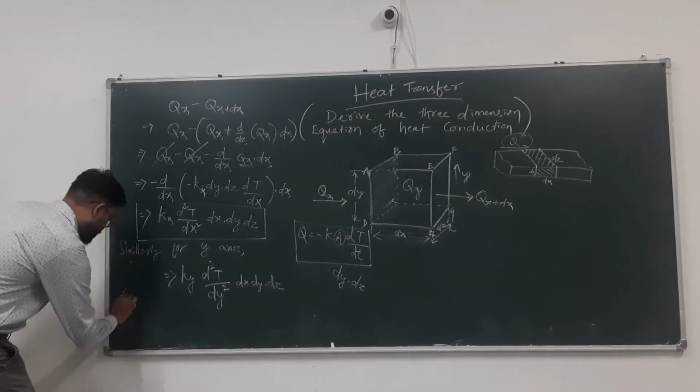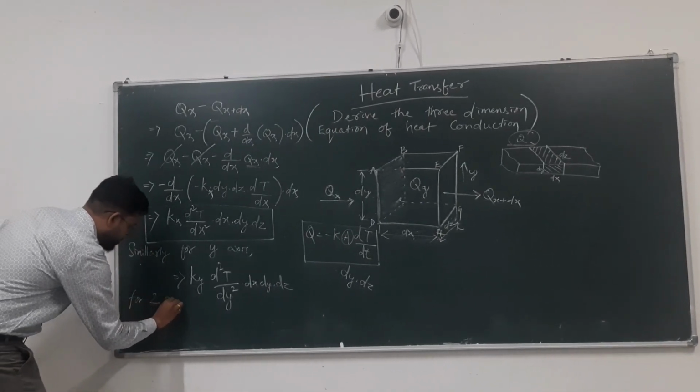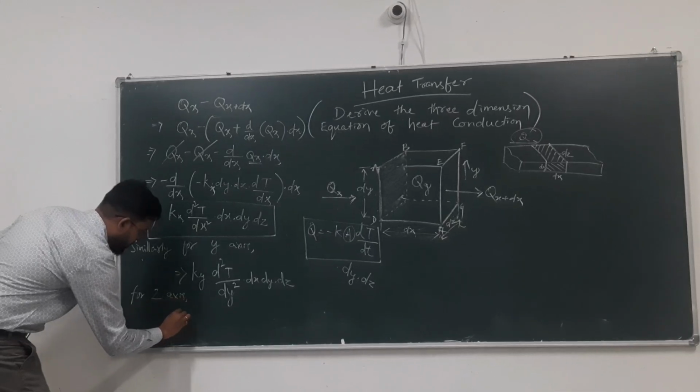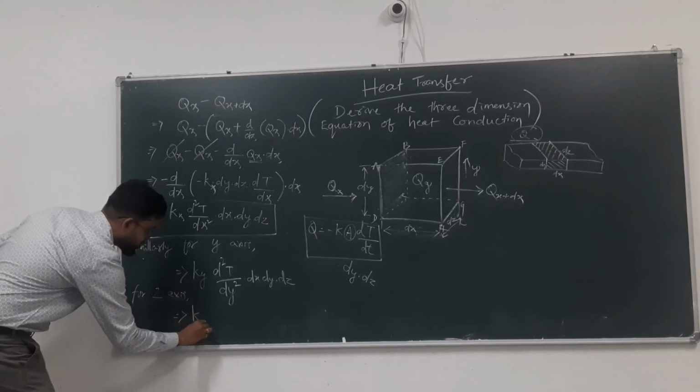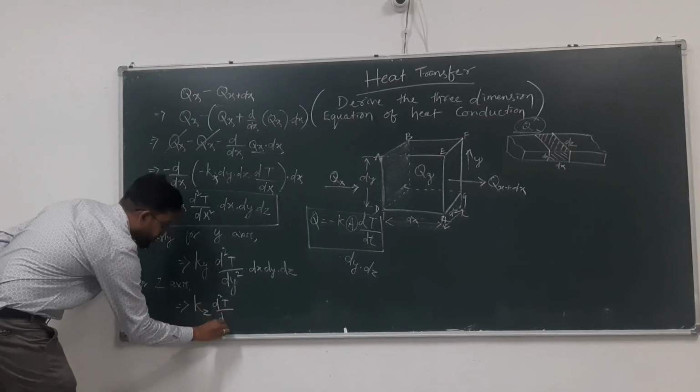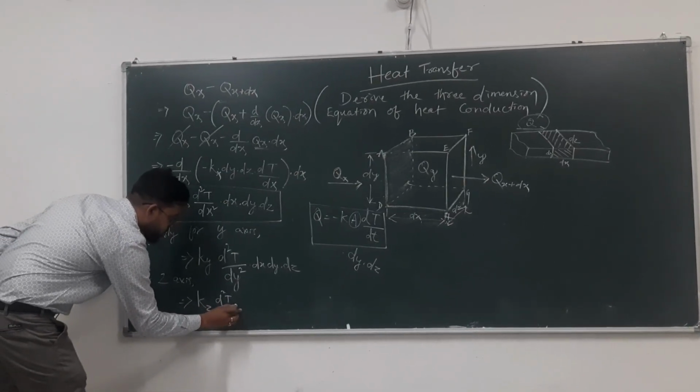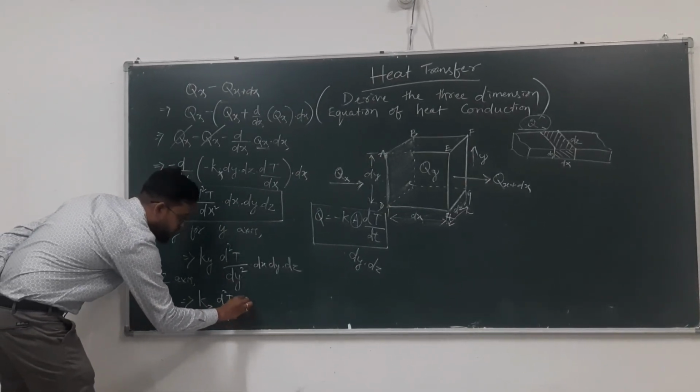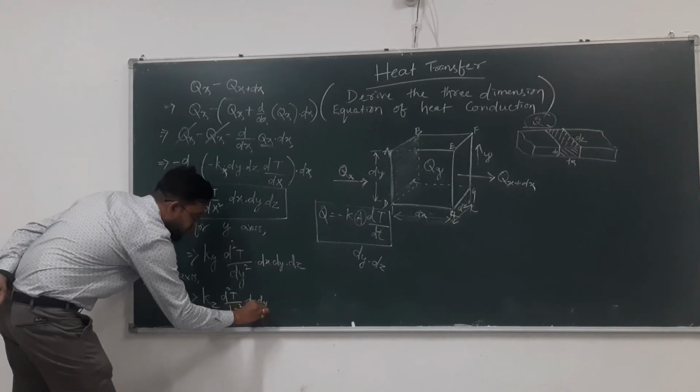Similarly for z axis, it is kz d square T by dz square into dx into dy.